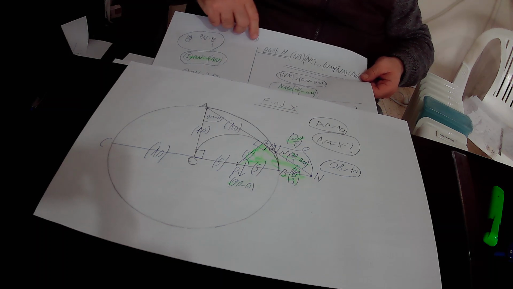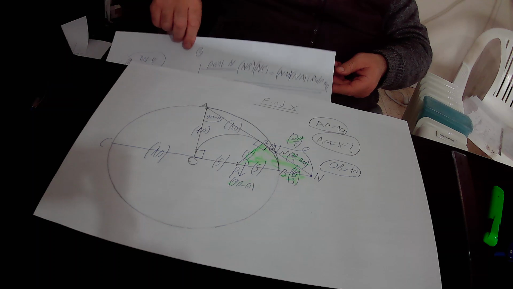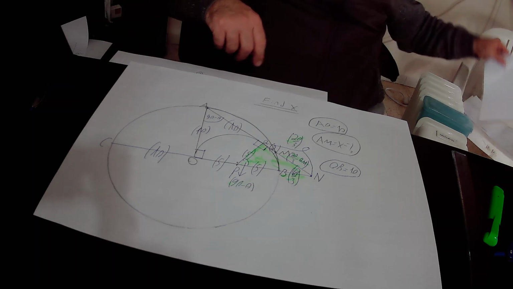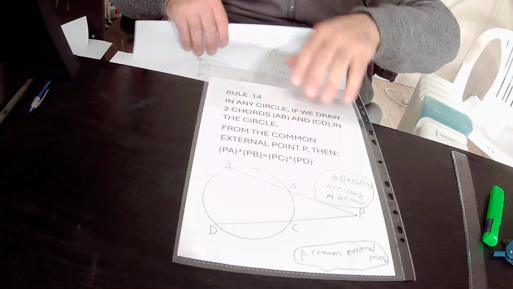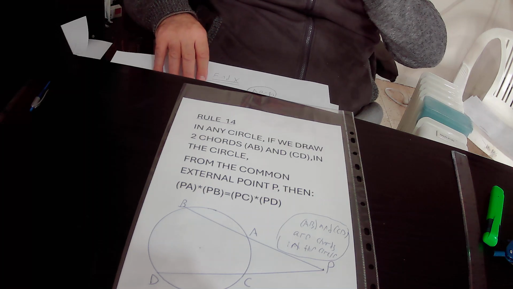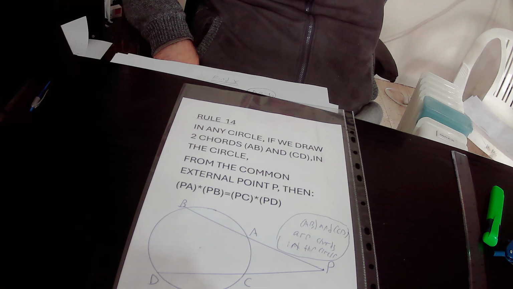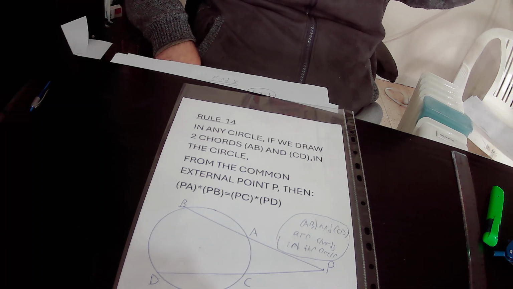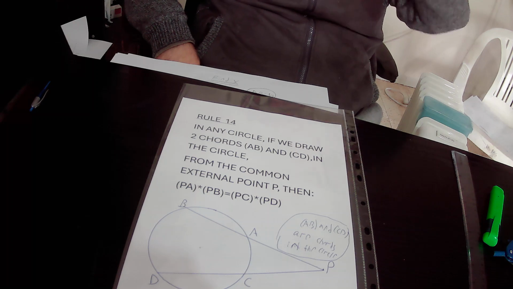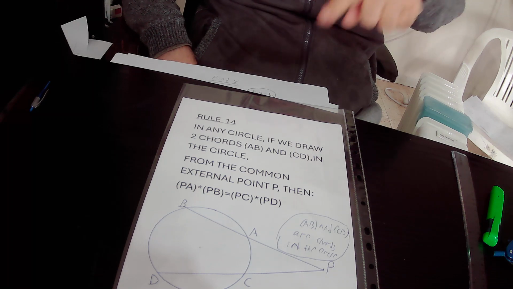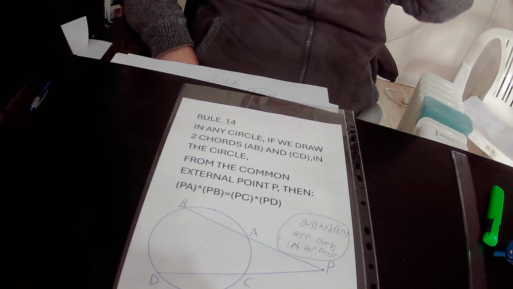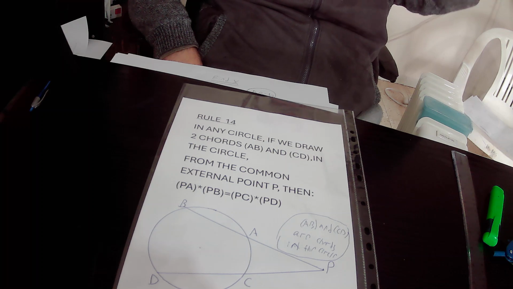Then I presented to you rule number 14, and we implement rule number 14 in our drawing. Rule number 14 is true in any circle: if we draw two chords AB and CD in the circle from the common extreme point P, then PA times PB equals PC times PD.